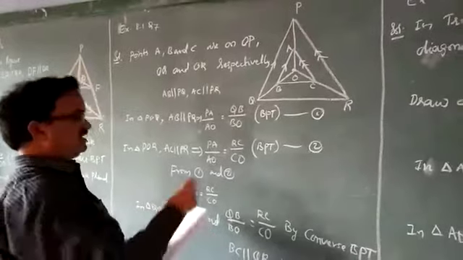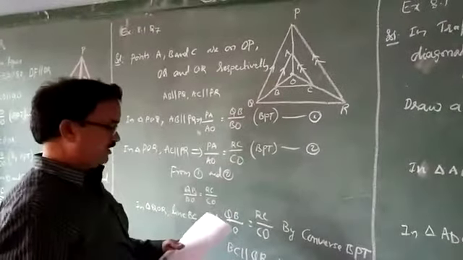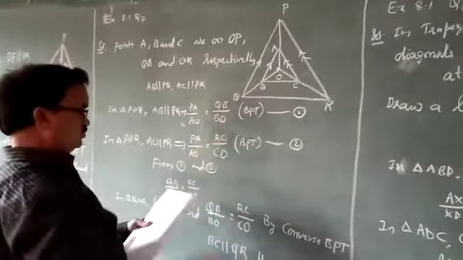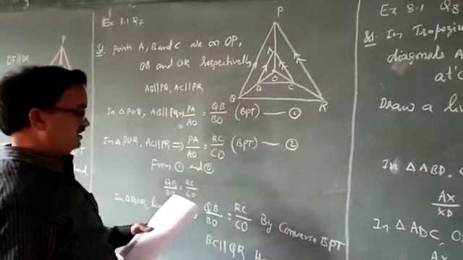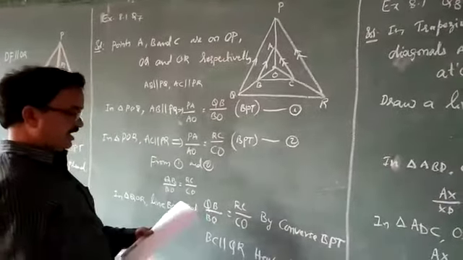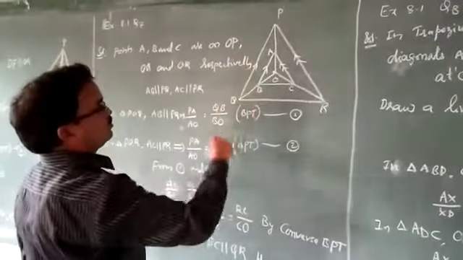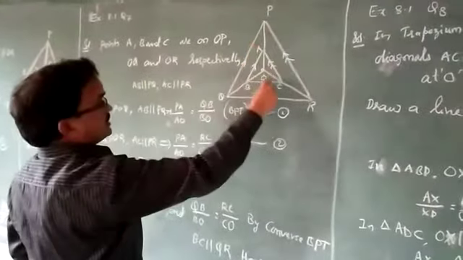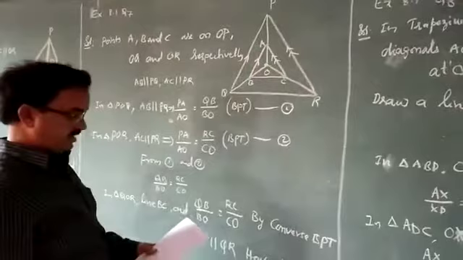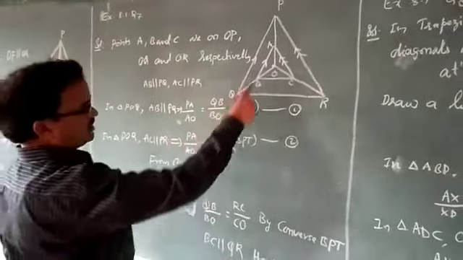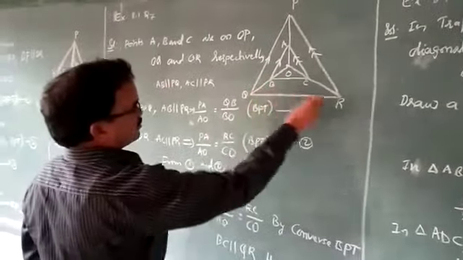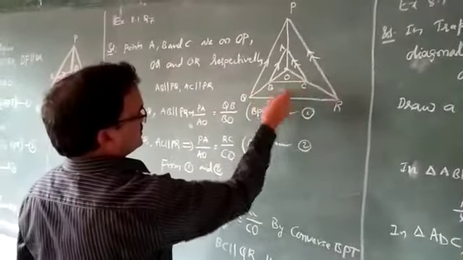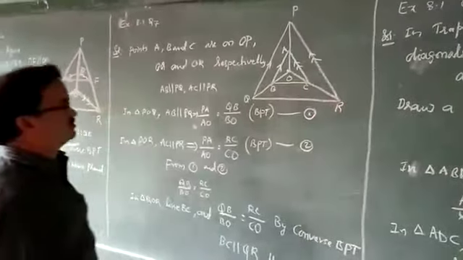In the adjacent figure, A, B, C are 3 points on OP, OQ and OR respectively, such that AB is parallel to PQ, AC is parallel to PR. Hence, show that BC is parallel to QR. We have to show BC is parallel to QR.